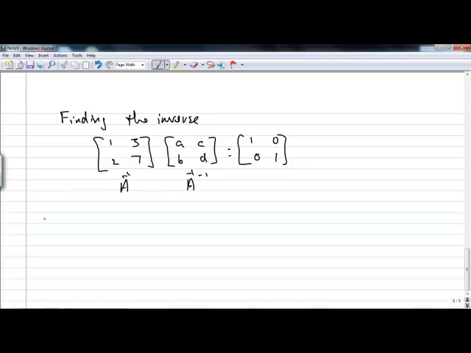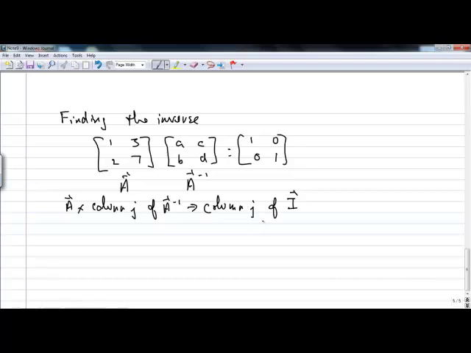And note that in this case, when we're multiplying this way, A multiplied by column J of A inverse gives us column J of the identity matrix.